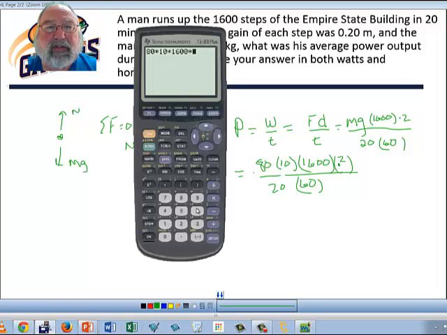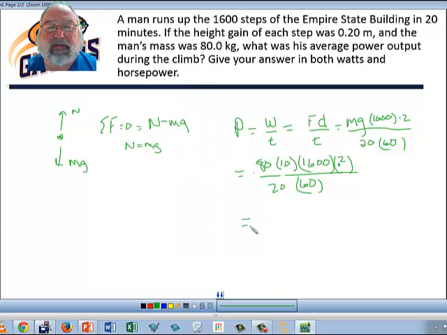Almost blew that one. Times 0.2 divided by, and I'm going to put parentheses around this, 20 minutes times 60 seconds per minute. Close that parentheses. Come up with our number, and it's 213 watts, or 213.3 watts. That's how much power the man is using as he runs up the stairs.